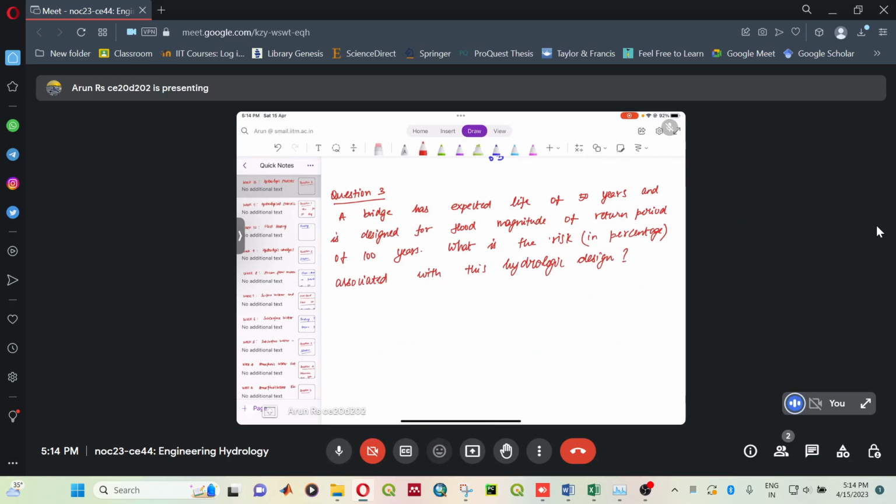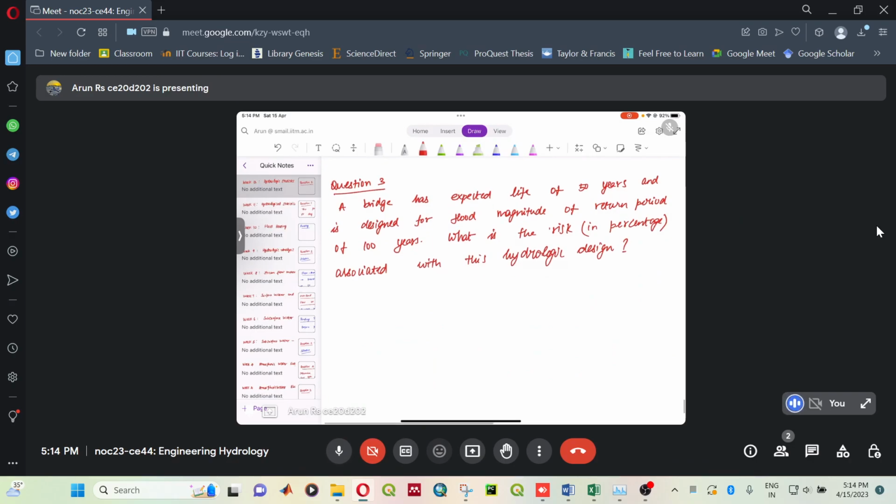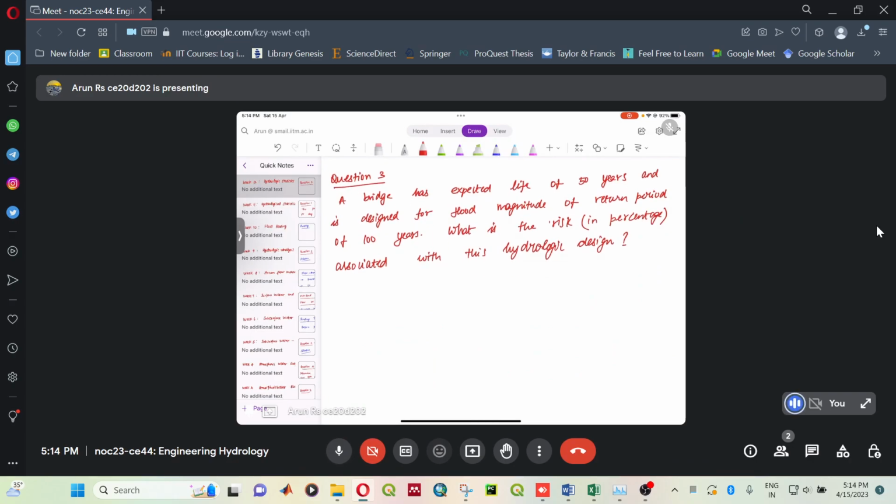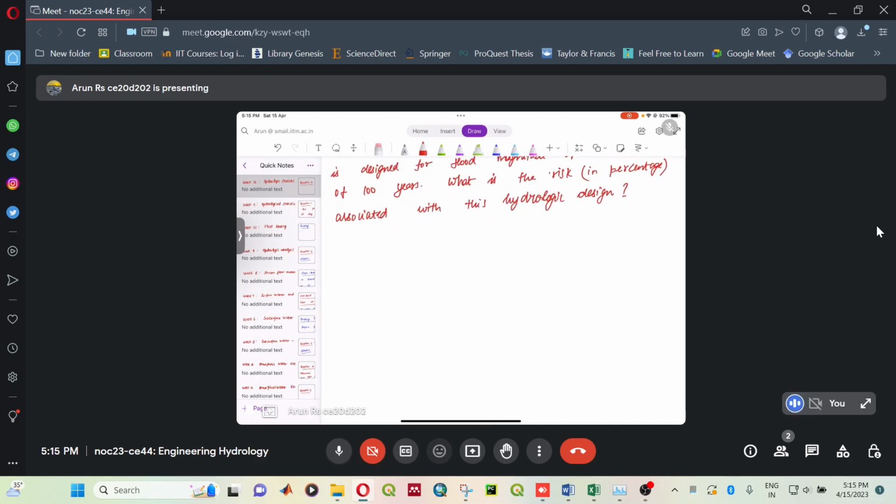The question is, a bridge has an expected life of 15 years and it is designed for a flood magnitude of return period of 100 years. So what is the associated risk?